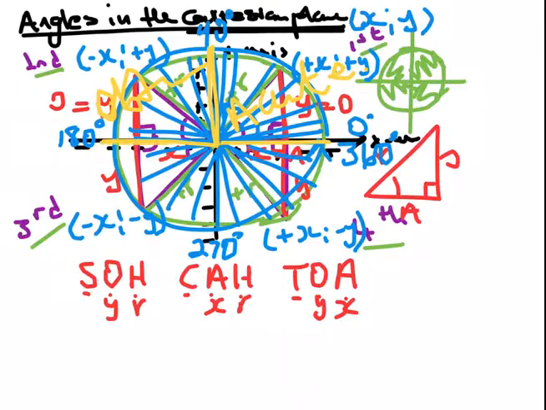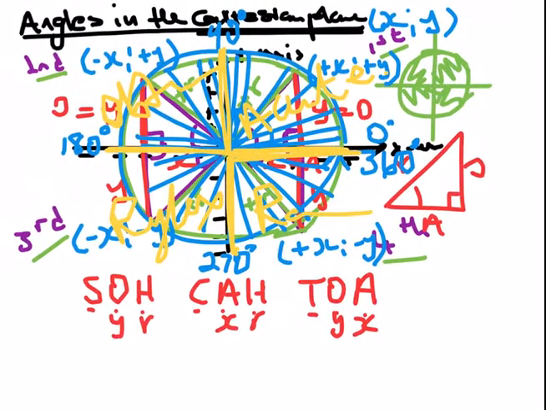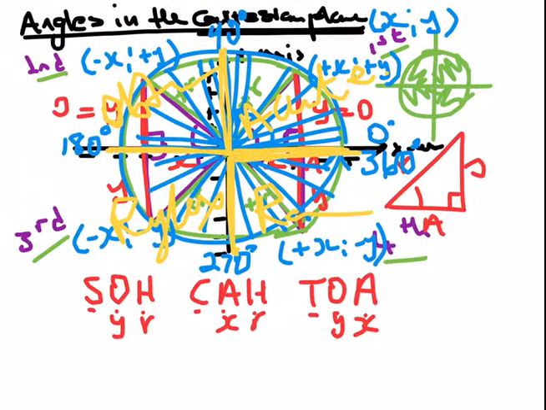What about between 180 and 270? I think it's reflex. Then between 270 and 360? Is it revolution? I think so. But otherwise, it's fine. And now we have our very nice butterfly there.